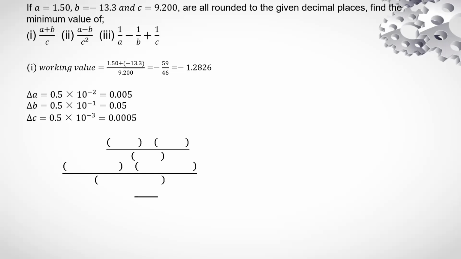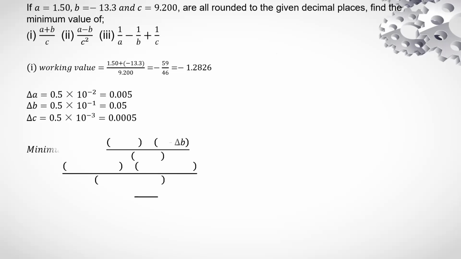Remember, a quotient is big when the divisor is small. So we have to make C very small so that we obtain a very huge negative, and make A plus B as big a negative as possible to obtain our minimum value.